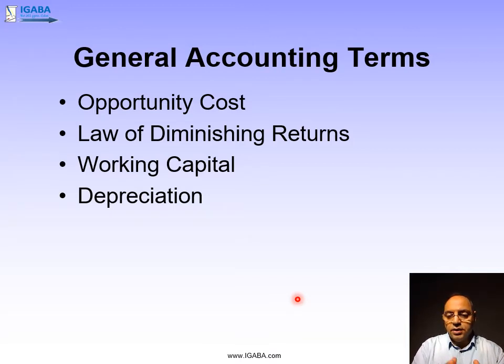Depreciation: every asset that a company has undergoes depreciation. It loses some of its value over time. So for example, let's say your organization has a laptop that has been bought today, and the organization paid $1,000 for it.